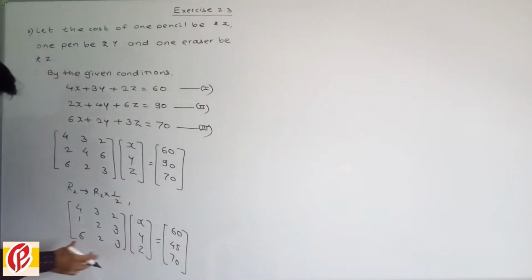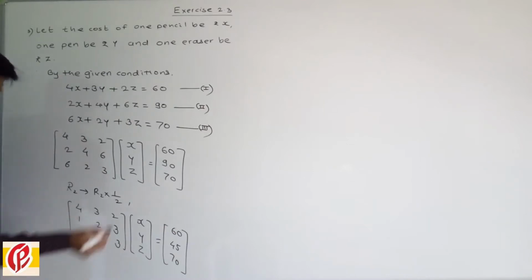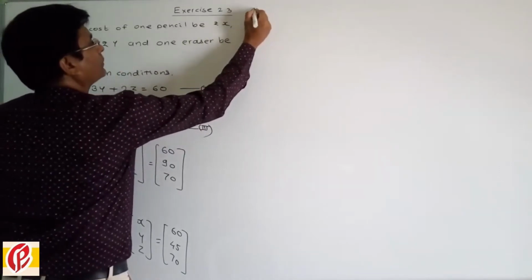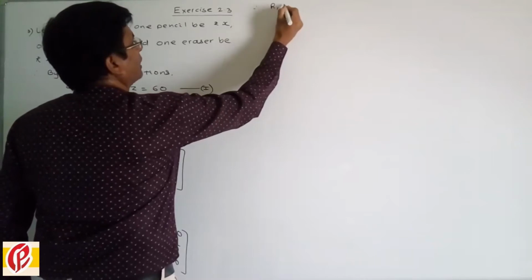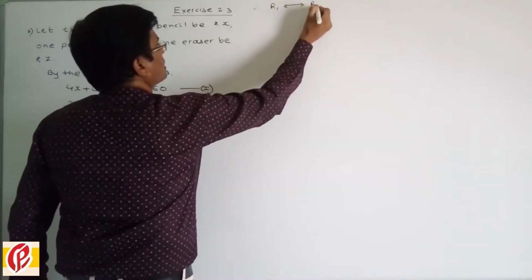Okay, so now interchange row 1 and row 2. So R1 interchange R2.